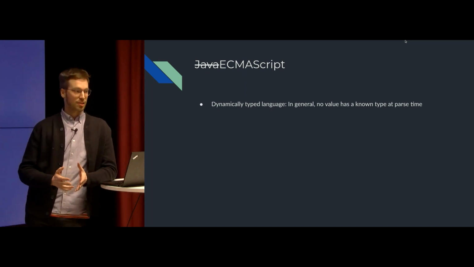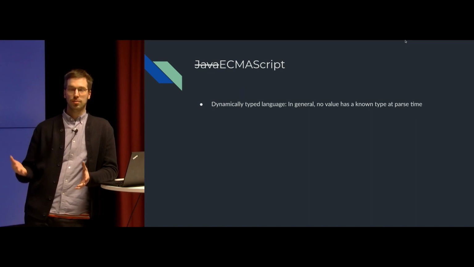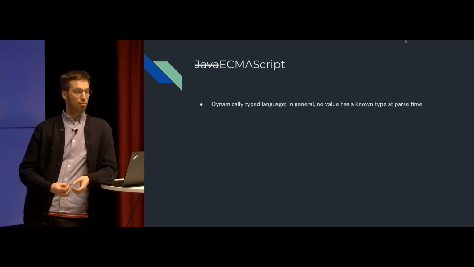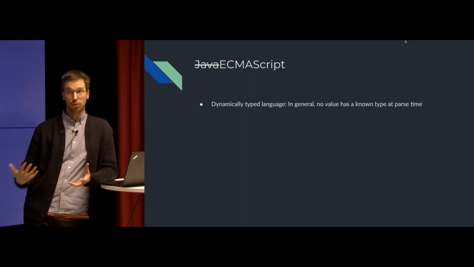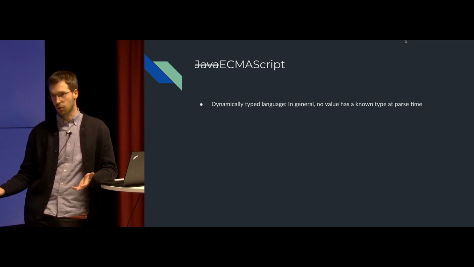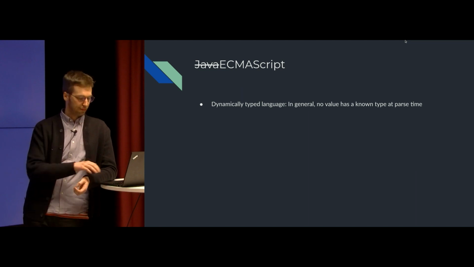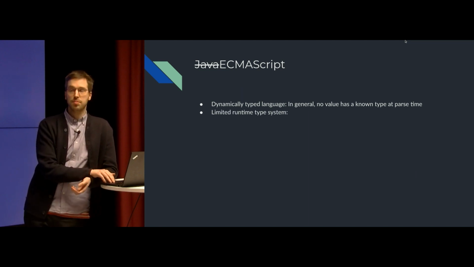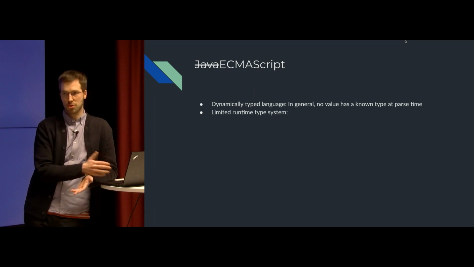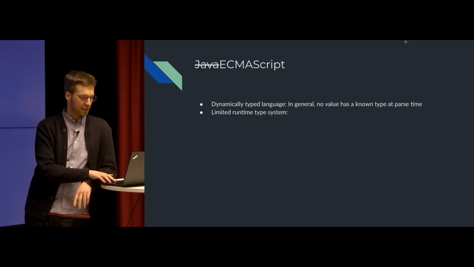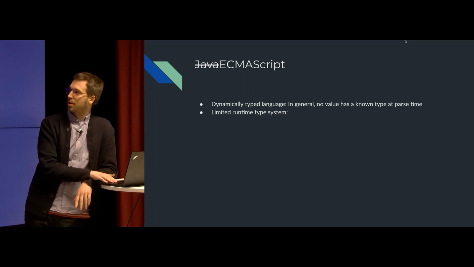ECMAScript is a dynamically typed language. In general, that means there is no information about what type a value is. Not when you're writing it, not when you're parsing it, not when you're compiling it. It's all only at runtime. And the type system itself, of course, needs to be fairly limited to accept this kind of unknownness.